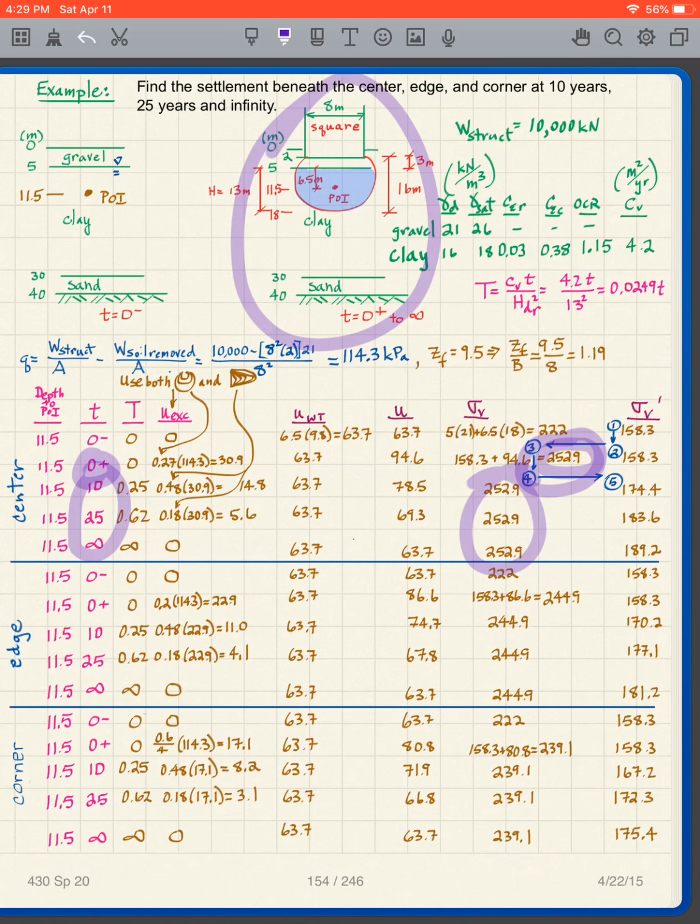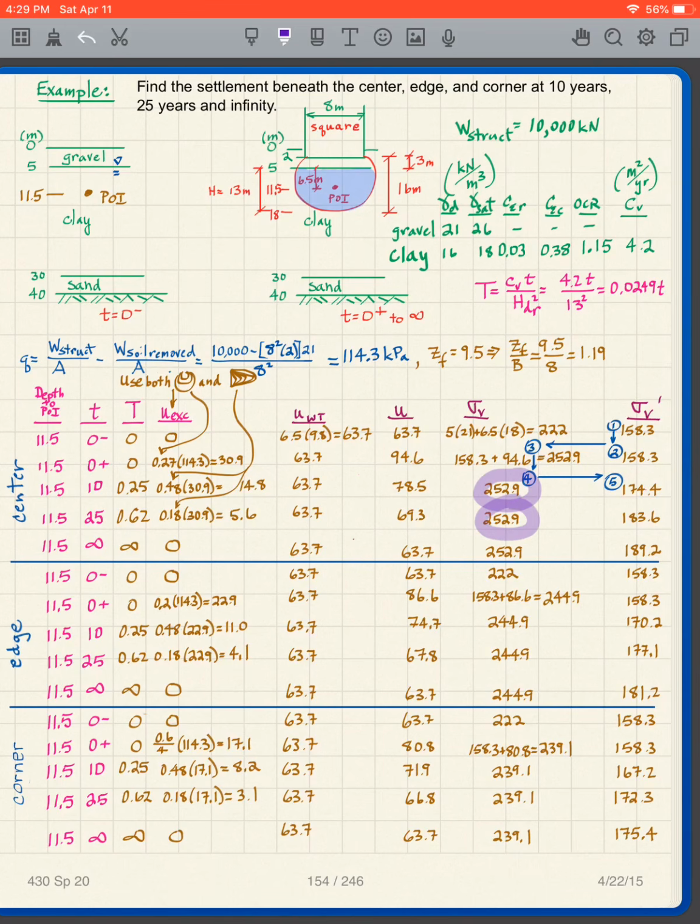So I can fill in all of these values, 252.9, 252.9, 252.9. All of the u's have already been done. So then these numbers are simply sigma v minus u. So 252.9 minus 78.5, 252.9 minus 69.3, 252.9 minus 63.7.